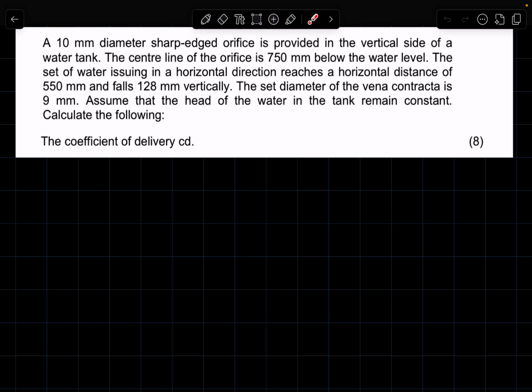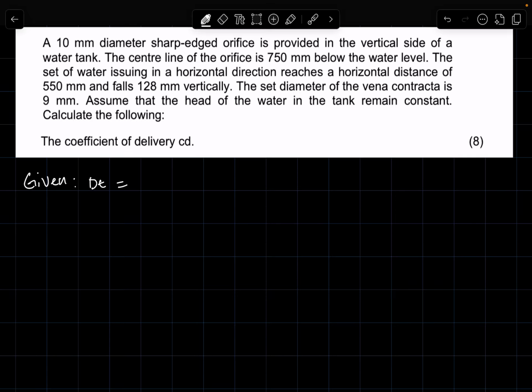Now, let us interpret the given information. In terms of the information we've been given, we have a 10 millimeter diameter sharp edged orifice. So this is the diameter of the orifice, and like I said, the diameter of the orifice we take as our theoretical diameter.